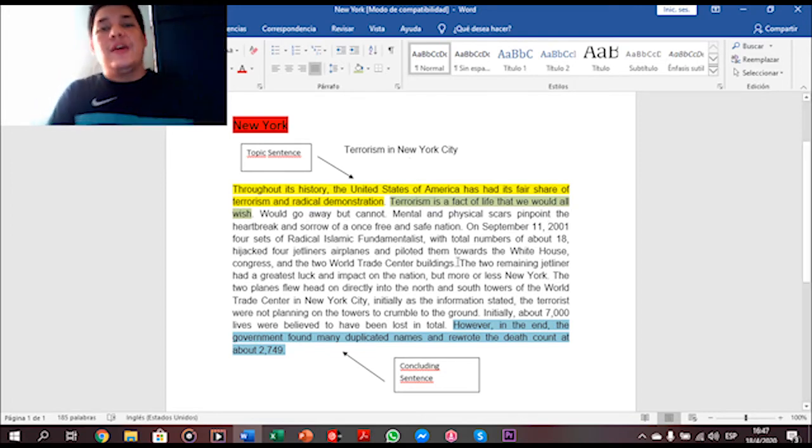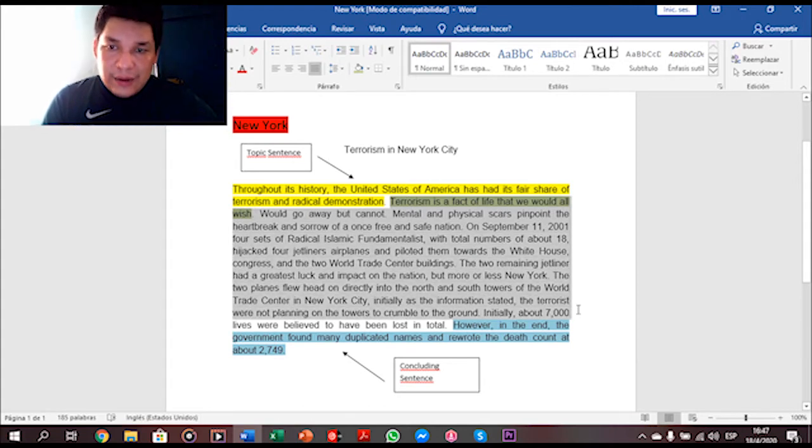Then you start to create your body. What is the body? This is the body. This is one sentence that can be part of the body, then, and then. All of these are the body.